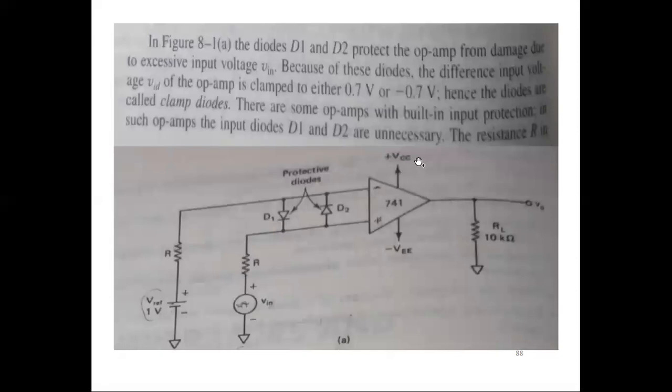So if this is 15, the saturated value might be plus 14. If the V in value is less than the V reference value, then we will have the minus terminal at a higher potential than the plus terminal. Therefore, the output will be minus VEE.